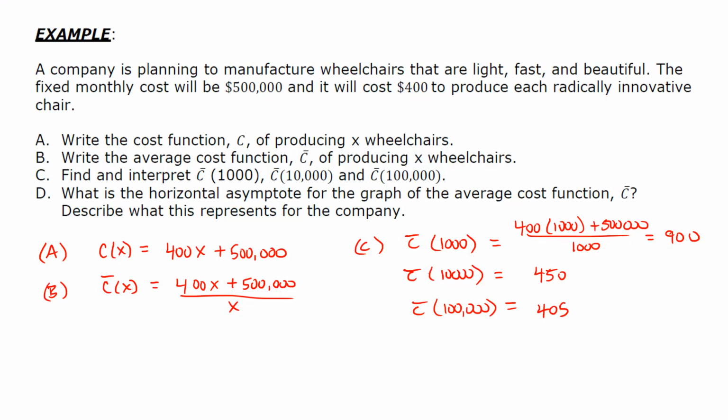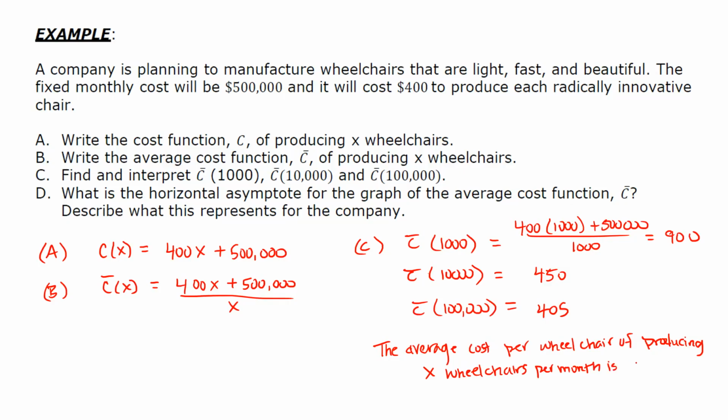Well, these represent the average cost per wheelchair of producing x wheelchairs per month, which is C hat of x.